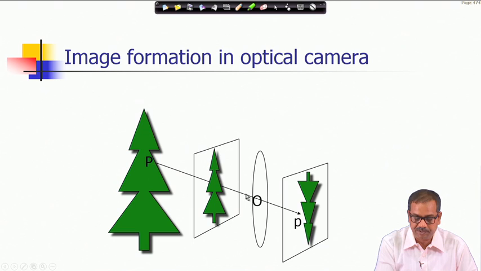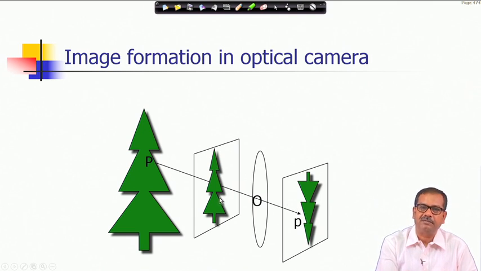If I keep that distance the same, you will get images of the same size, and there is a logical transformation of coordinates from one point to the other. This is a convenient way of representing the coordinate system, and we will use this principle while explaining the mapping of three-dimensional scene points to two-dimensional image points using this kind of projective geometry.